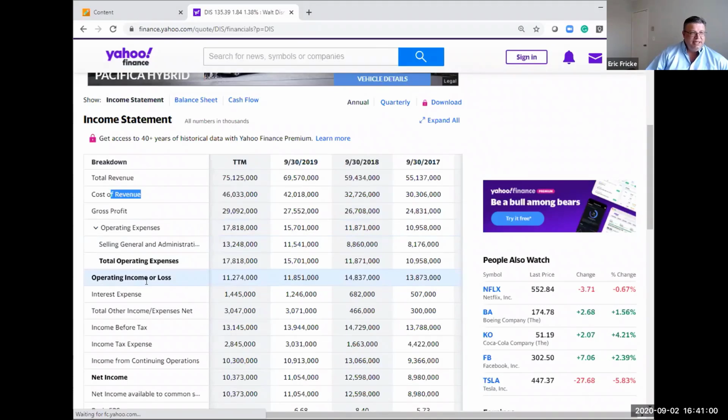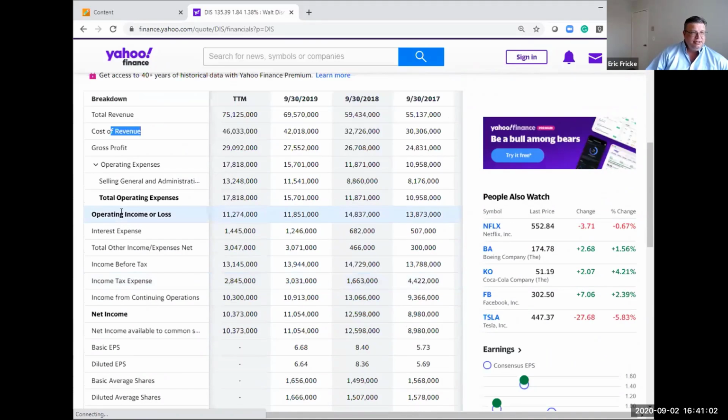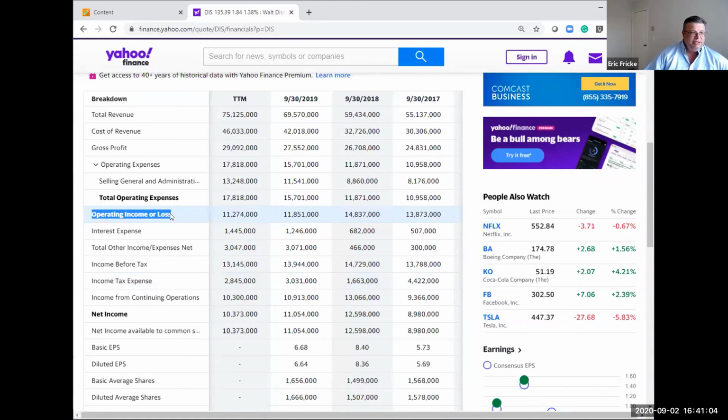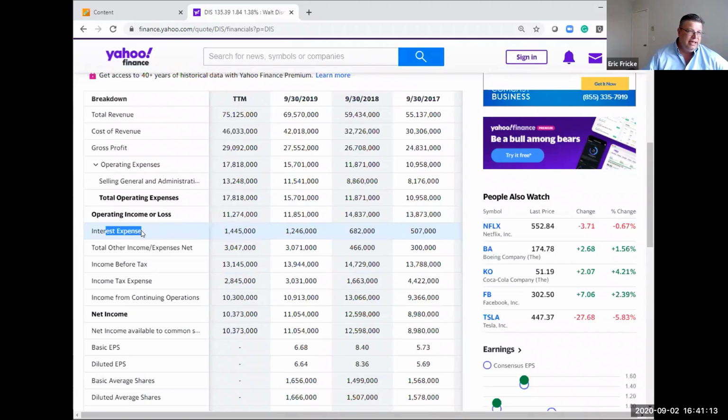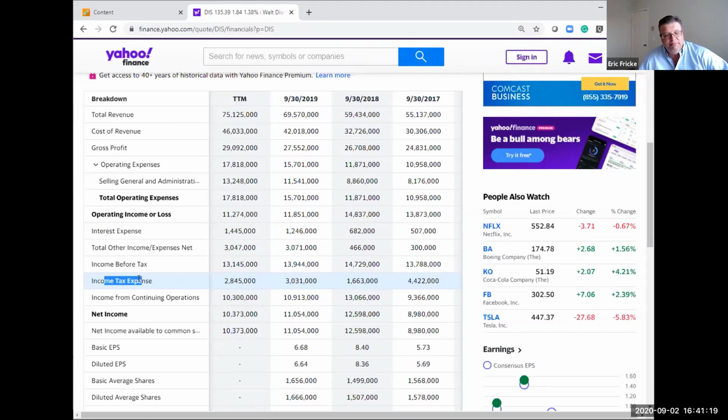Now, in terms of EBIT, let's use this number right here, because that's the earnings number before they take out interest expenses and income taxes. That's basically what we want. The way they portray this, that would be operating income. So please use that number.